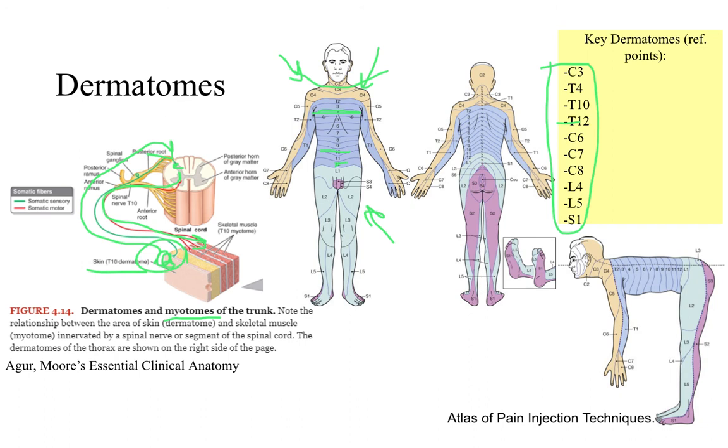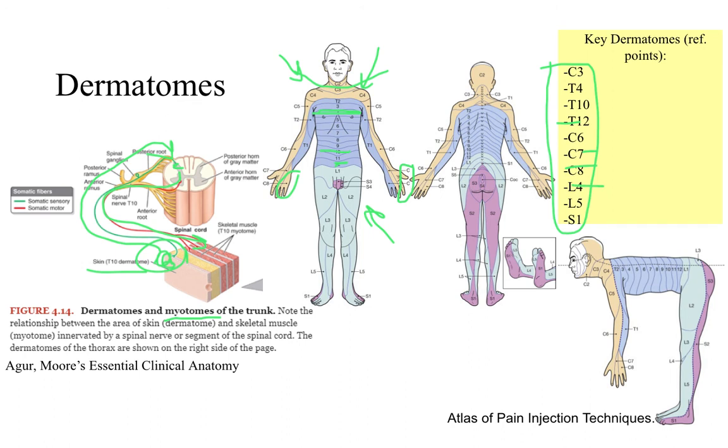C6, which goes to your thumb, middle finger, and index finger right here. C7, which then goes to basically your middle finger as well, so the other half of your middle finger. C8, which goes to your ring finger and your pinky finger.